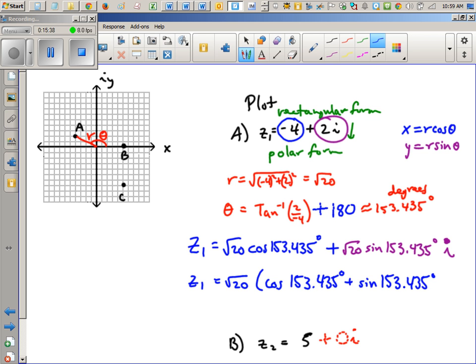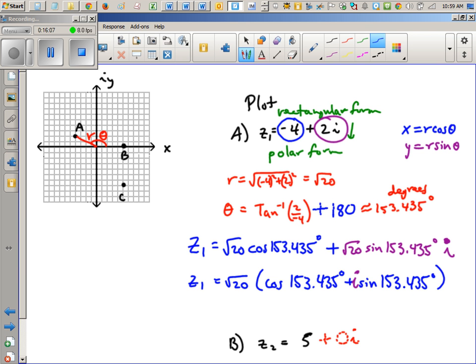Another tradition is we typically put the i in front of the sine, not at the back like that. Does anyone know maybe why we would want to put i sine instead of 153i? We don't want to think this angle is 153i. We want to think that this is sine 153 times i, you see. So we put i out front to prevent anyone from thinking that the angle is imaginary or something.